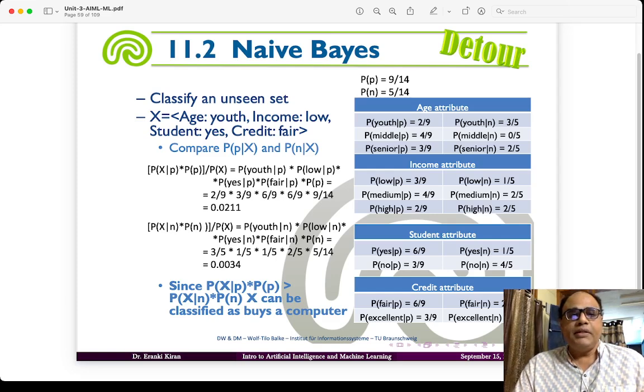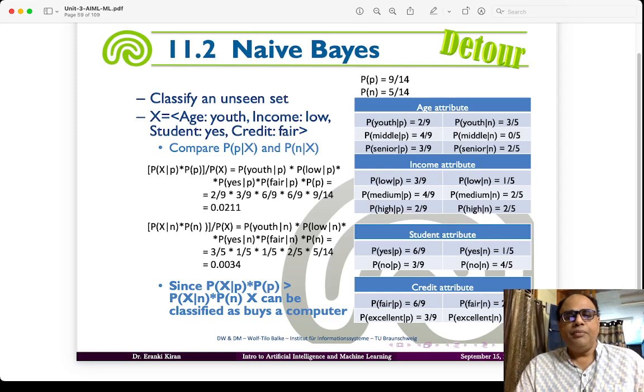So compare the probability of yeses given X and probability of nos given X. We combine youth, low, yes, and fair, considering age, income, student, and credit. Overall we are getting 0.0211. Similarly, for nos also we calculate the probability, we are getting 0.0034.